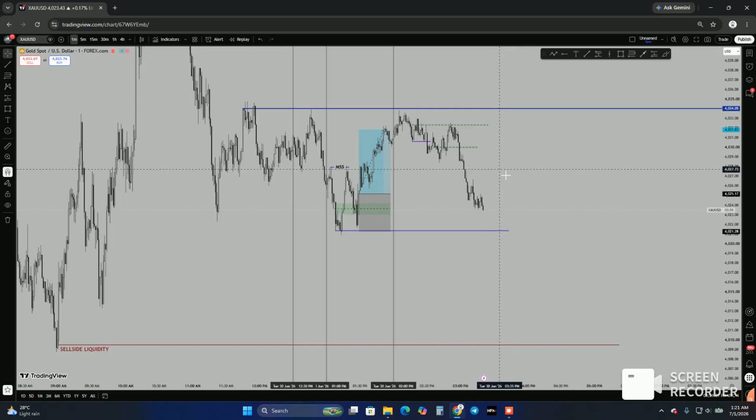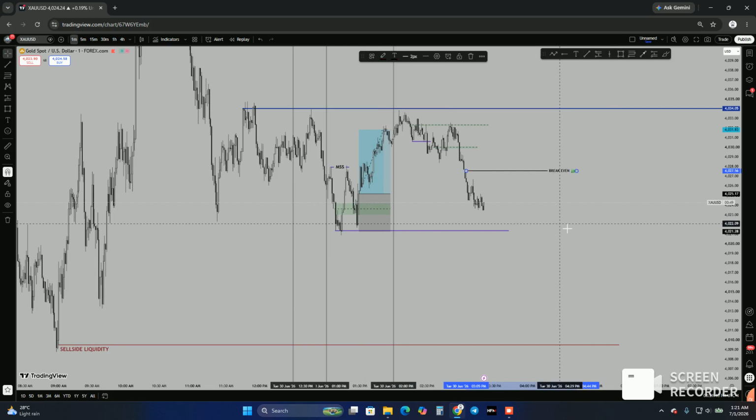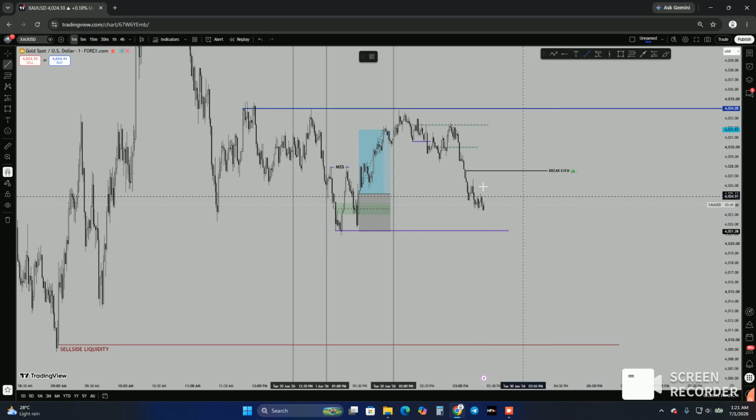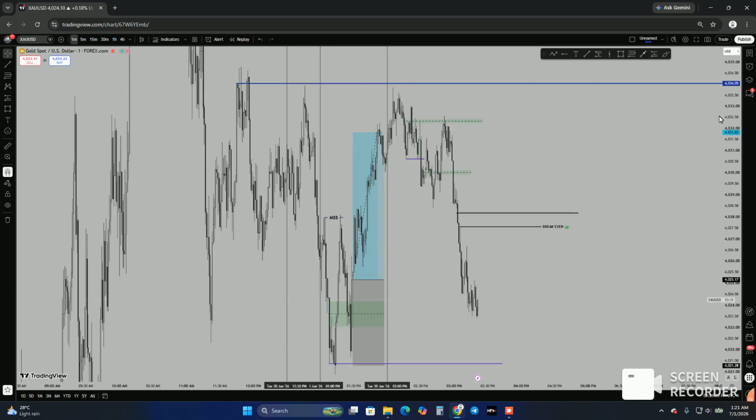Here. My break even here. Break even. Okay. My entry may be the middle of that candle. So let's see what I do.